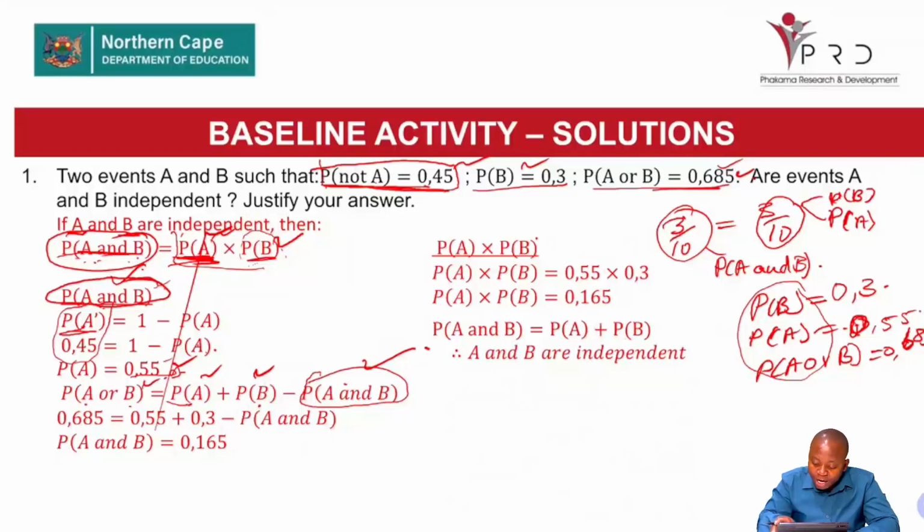And we find that the probability of A multiplied by the probability of B is equal to 0.165. So we can see that both probabilities are the same. Right. So in this case, the two events are independent.